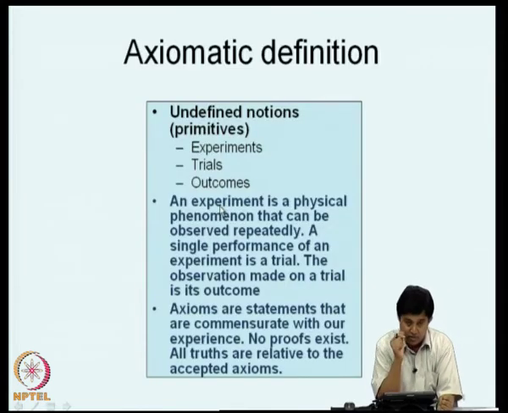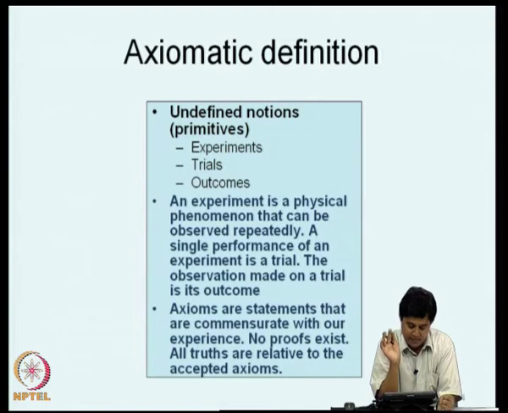So, we now move to a more acceptable definition of probability, that is known as the axiomatic definition. Here what we do is we begin with certain undefined notions.